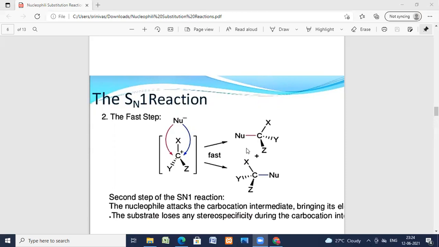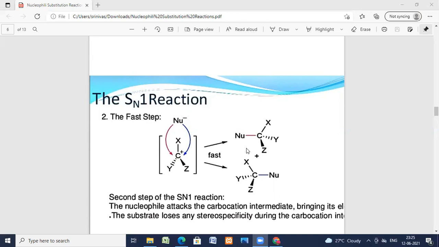In these nucleophilic substitution reactions, the alkyl halide gives rise to alcohol. The two enantiomeric products are formed in equal amounts. So the racemic mixture is formed due to attack of the nucleophile from two sides.